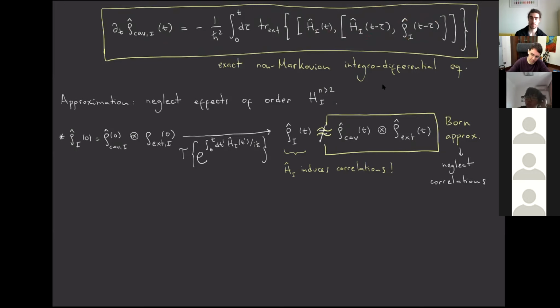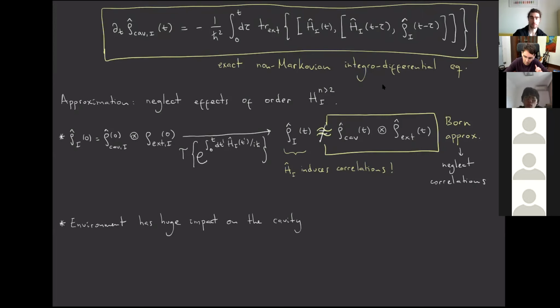On the other hand, we can make one more approximation that is a bit independent of this one, but it's also connected, which is the following. So it is clear that the environment has a huge impact on the system, on the cavity.